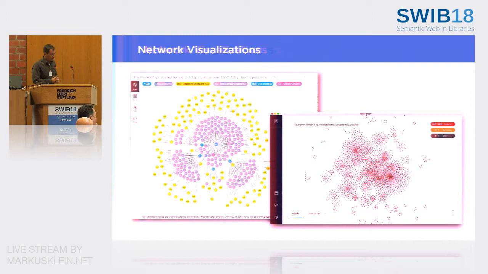So there are other kinds of graph visualizations. This is one of the most prominent ones, just network visualization, typically force-directed network visualizations. This one here is from Neo4j, but there are others around. I assume that you're familiar with them. Here you can typically start with one node or a couple of nodes and then explore the graph.